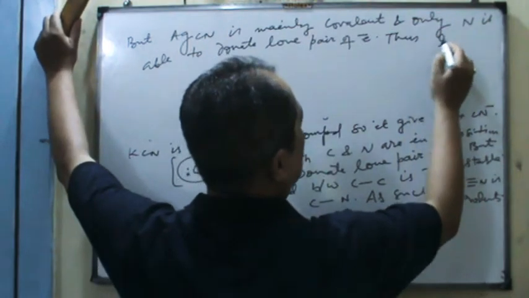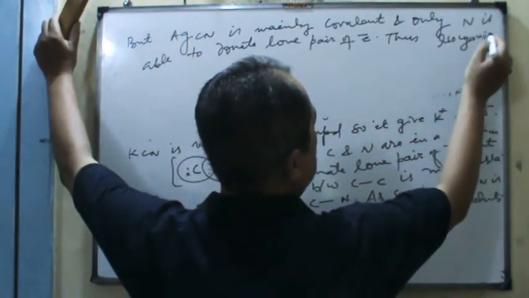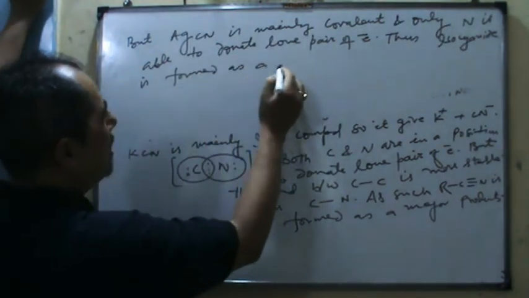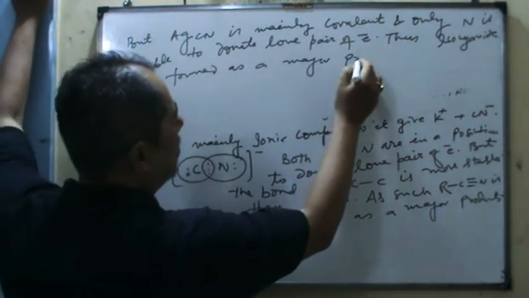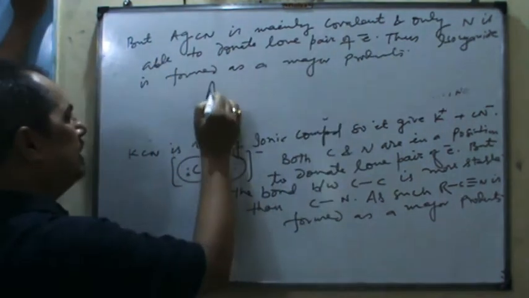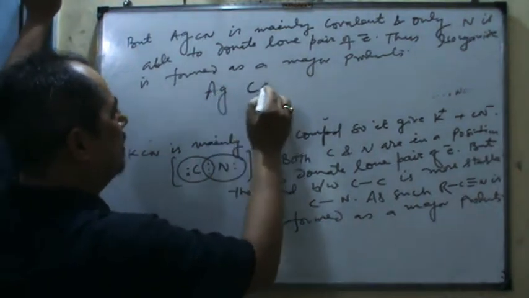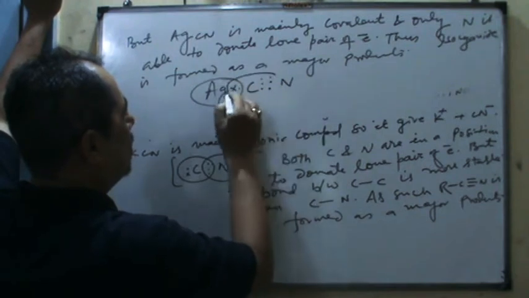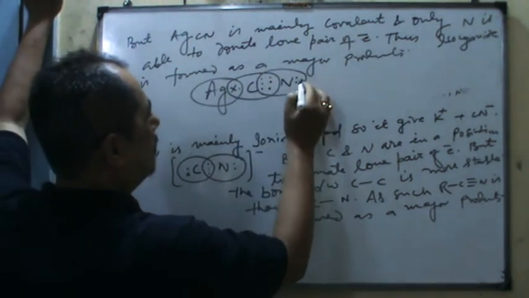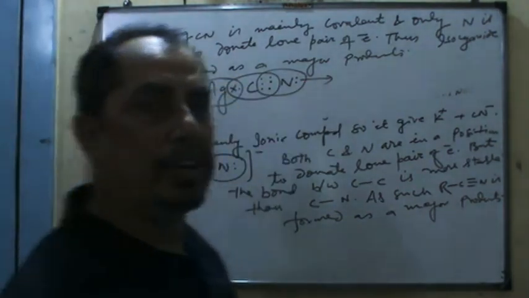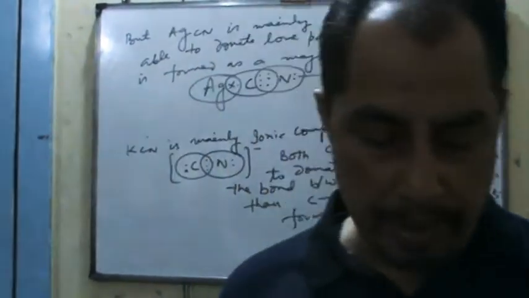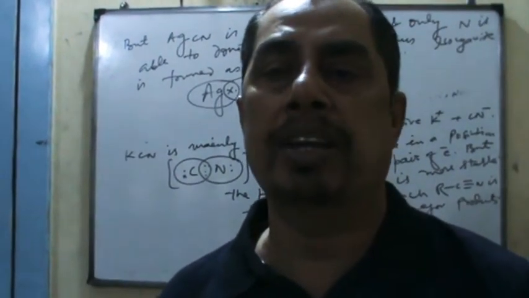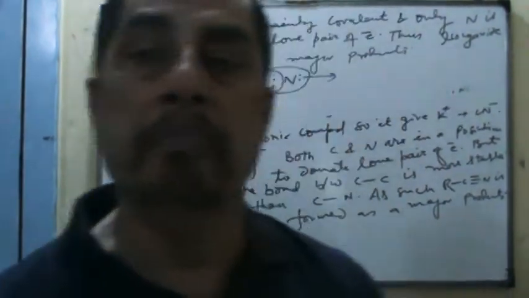Thus, isocyanide is formed as the major product. See the structure of AgCN, sharing of one electron, octet is done only, so this electron can be donated from nitrogen to the other element. So always keep in mind, in case of silver cyanide, isocyanide is formed as a major product and the other is formed as a minor product.